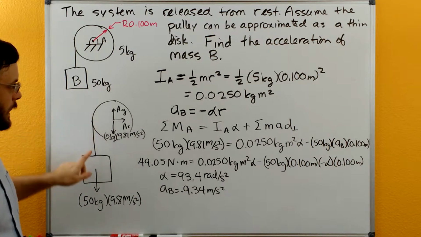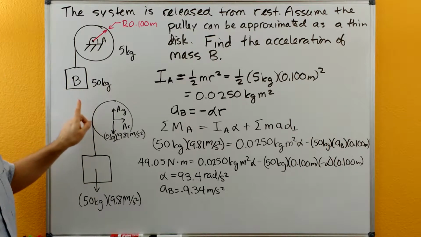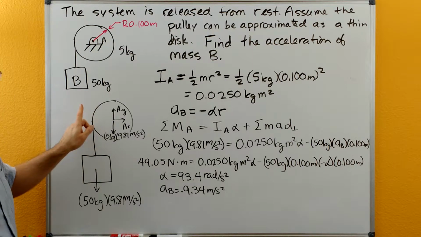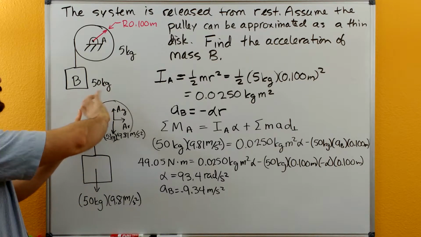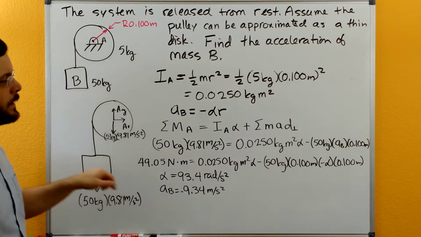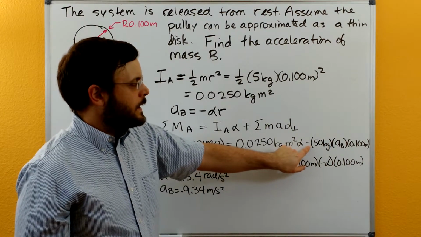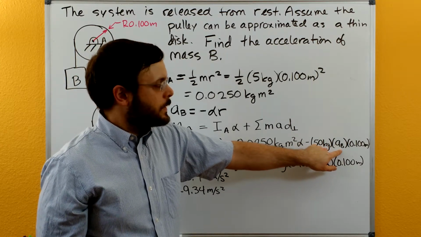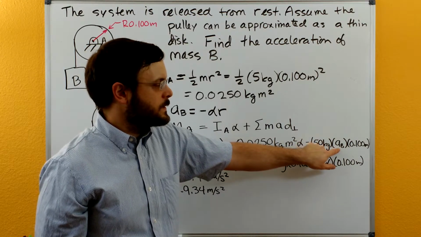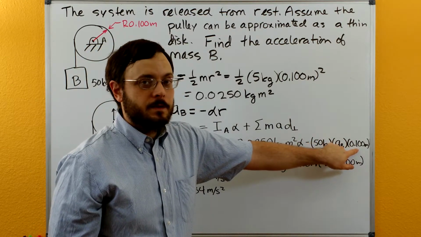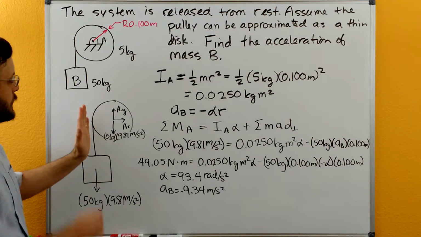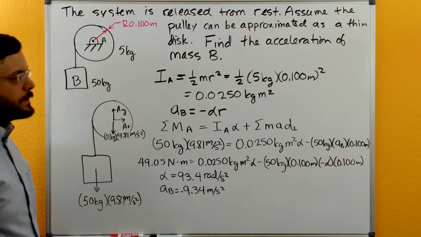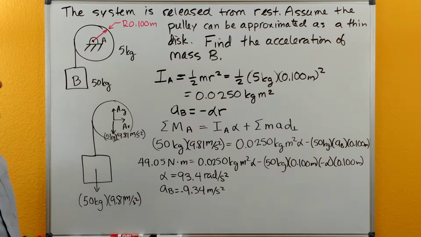So if the acceleration of B is going up, which it's not going to go up, but just to figure out the sign, that's going to cause a negative moment about A. So we're going to say this is equal to negative the mass, 50 kilograms, times the acceleration at B, which will wind up being negative, so it'll be a minus times a minus, times the perpendicular distance from this y direction acceleration back to A. So that's going to be our radius of 0.1.